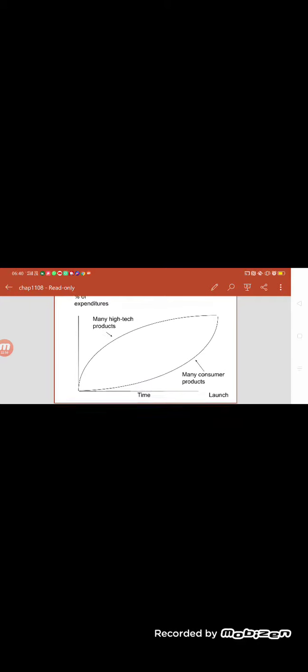When it comes to expenditure, you will see the cumulative expenditure curve, especially in terms of percentage of expenditure and the time of launch. You can see the difference between the money for high-tech products and consumer products. High-tech products have very high expenditures required by the company.